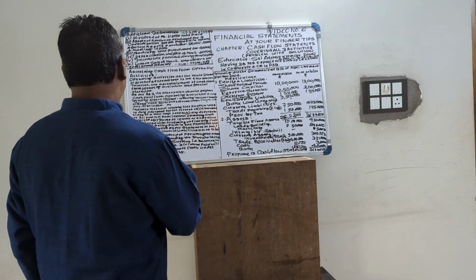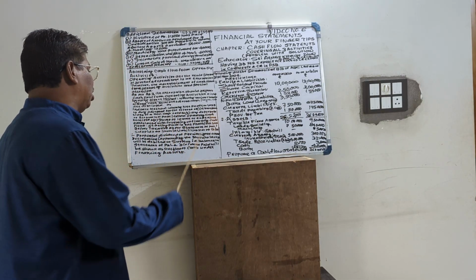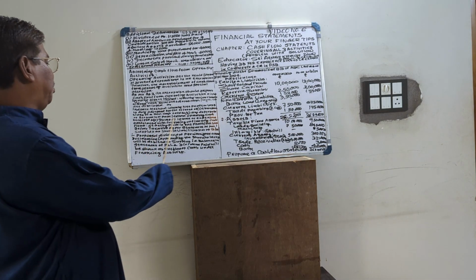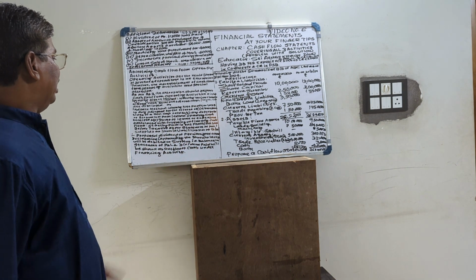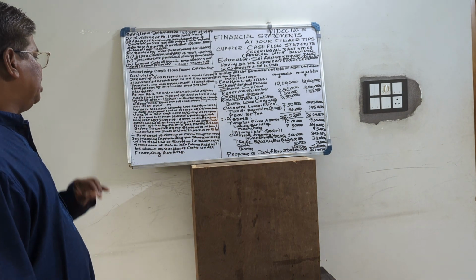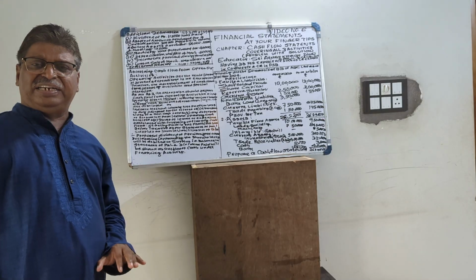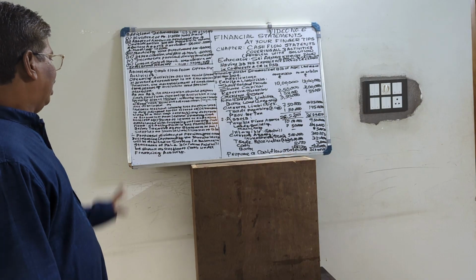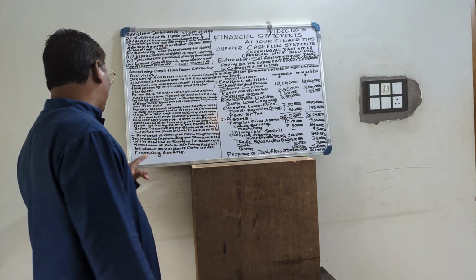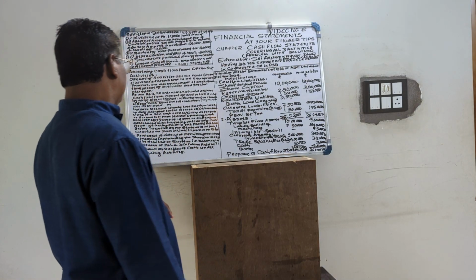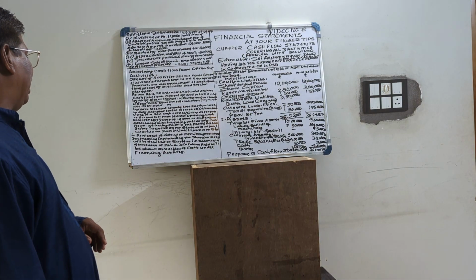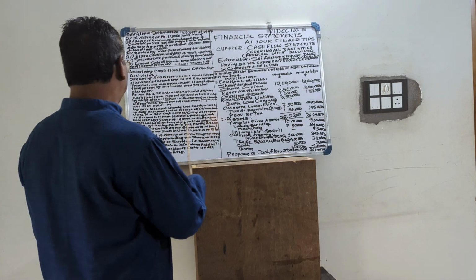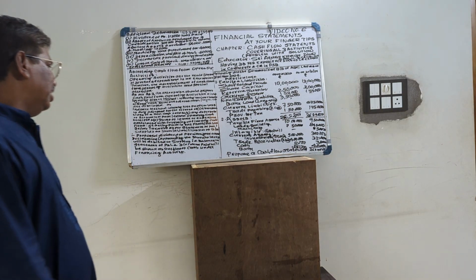Second, any deferrals or accruals of past or future operating cash receipts are also to be adjusted. Then items of income and expenses associated with investing or financial activity are adjusted in calculating the net cash flow or net cash used from operating activity, and will be taken into account either in investing activity or financing activity.